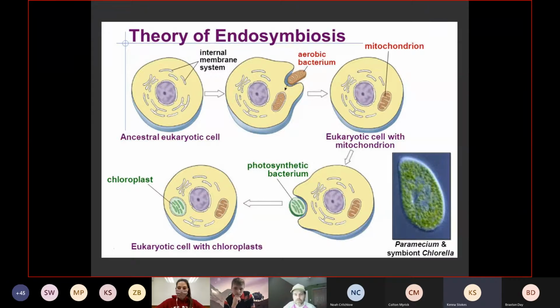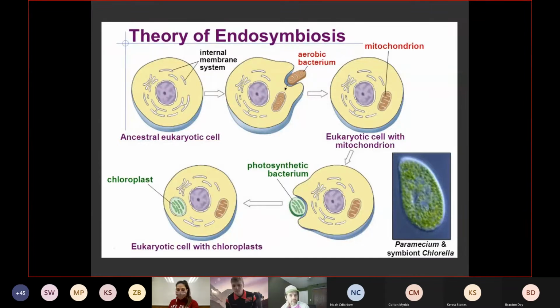That's why it stayed like that, because it benefited both organisms. If it didn't benefit both of them, it probably wouldn't stay like that. That's very good thinking. Okay, so this should be mutualistic.